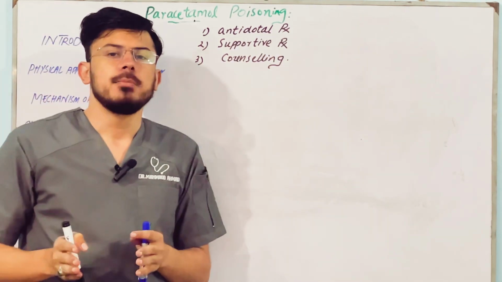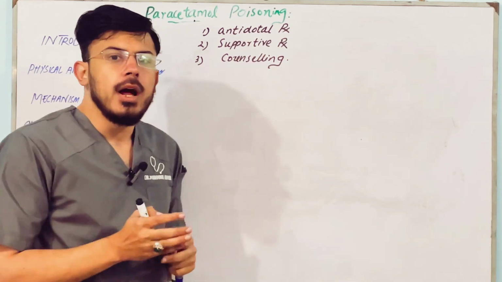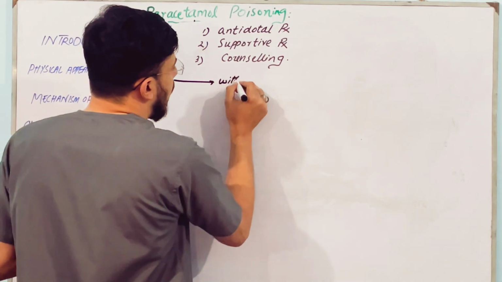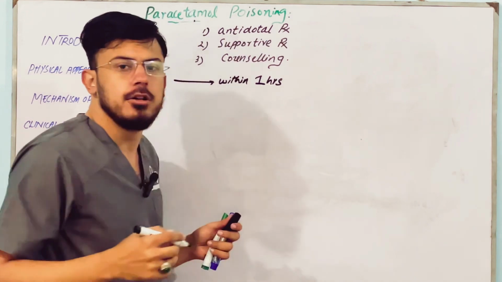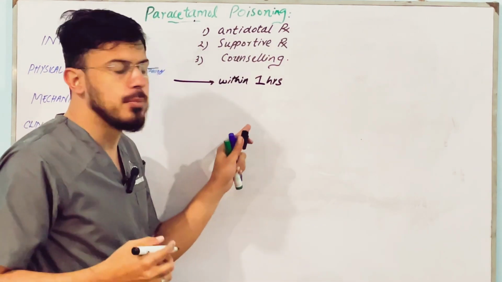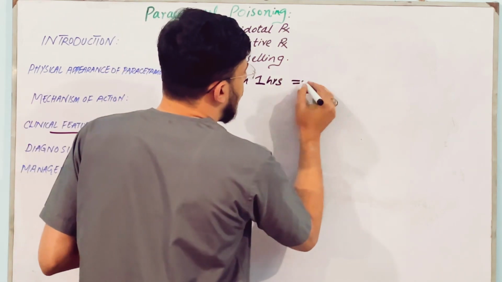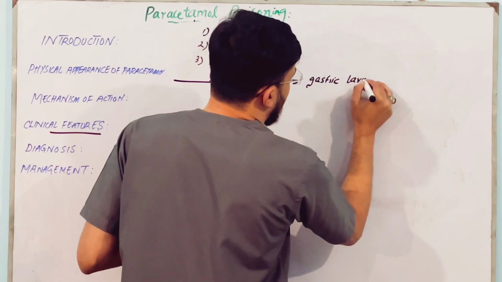Say a patient presents to you with paracetamol overdose within 1 hour. If the patient presents within 1 hour of acute poisoning of paracetamol, we will do gastric lavage, that is stomach wash.